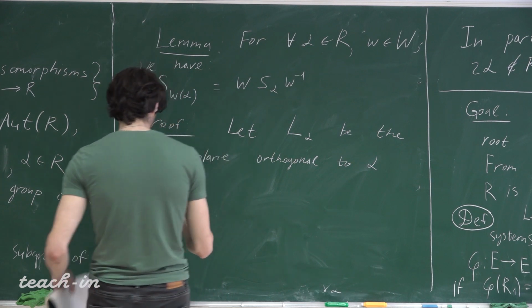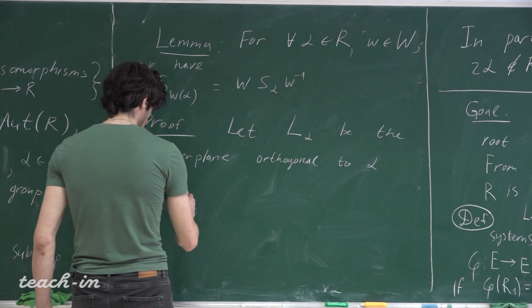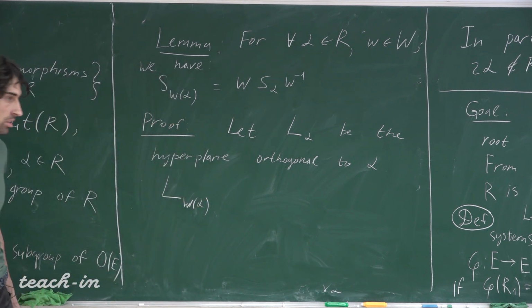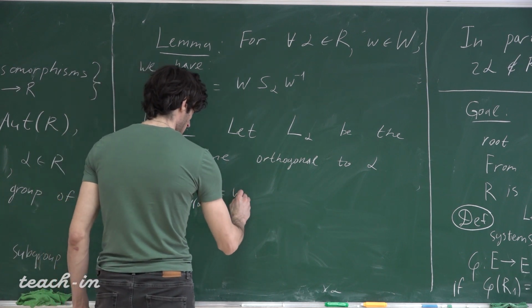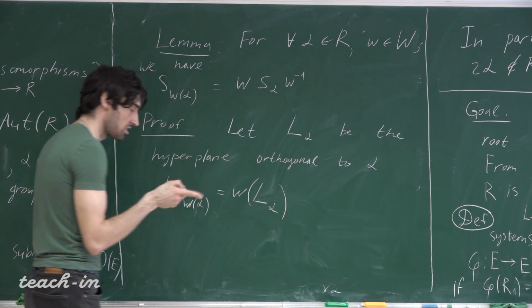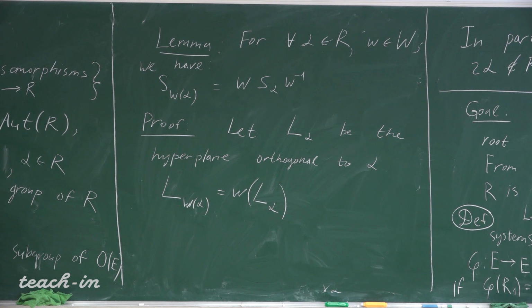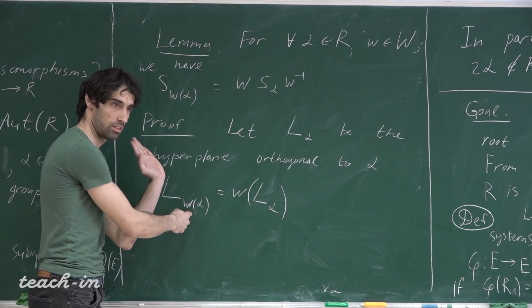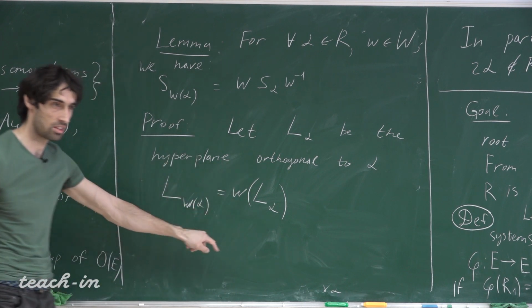Then the hyperplane orthogonal to W of alpha is the same as if I take the hyperplane orthogonal to alpha and apply the transformation W to it. This is just because each element of the Weyl group doesn't change angles, right? If I have something which was orthogonal to alpha, that goes to something orthogonal to W alpha. So that's why this is true.